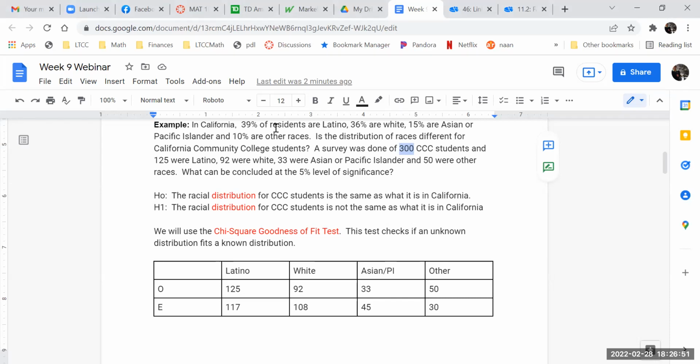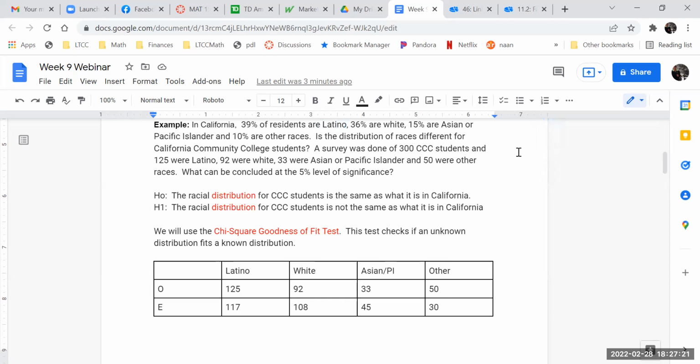Well, we know that in California, 39% of all California residents are Latino. So if the California community college population was the same as California, because that's what we're testing in terms of the distribution, then 39% of what we surveyed would be expected to be Latino.